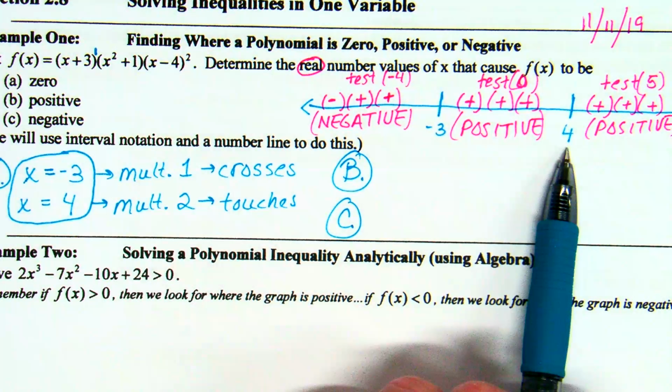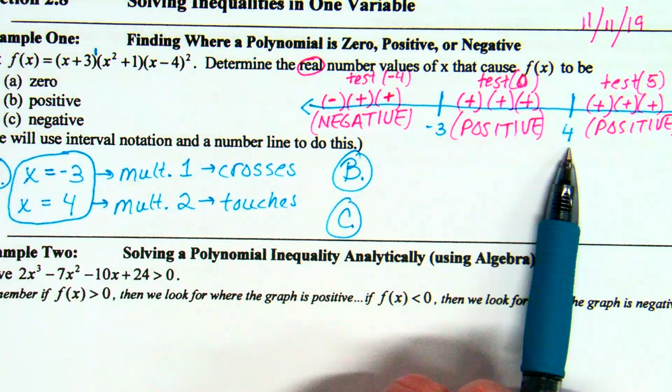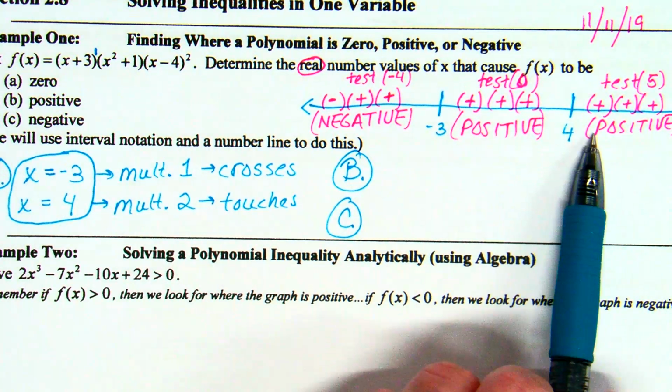Yeah. Depends on your definition here. Technically, it was equal to 0 at 4. So technically we usually say that it's not positive at 4, it's equal to 0. But it is positive from -3 to 4 and from 4 and above, yes?